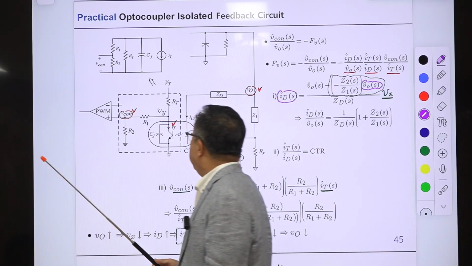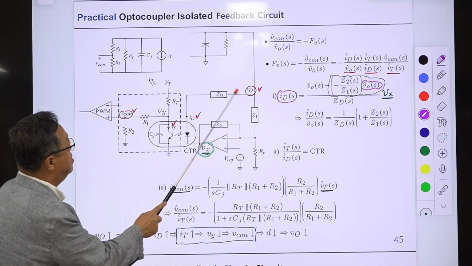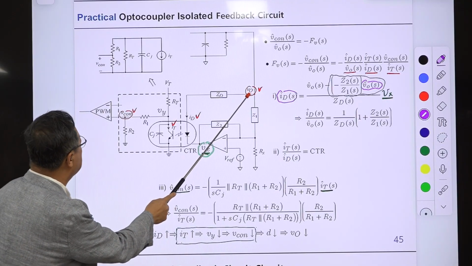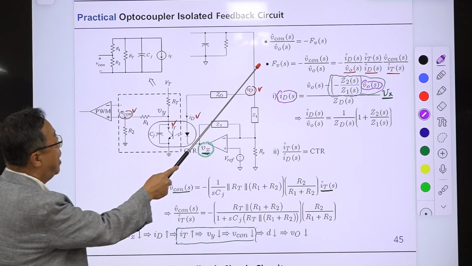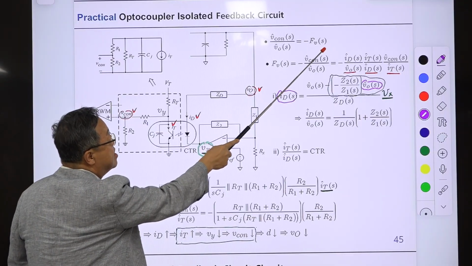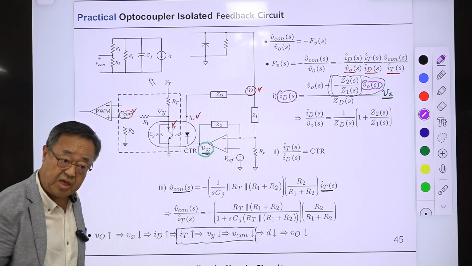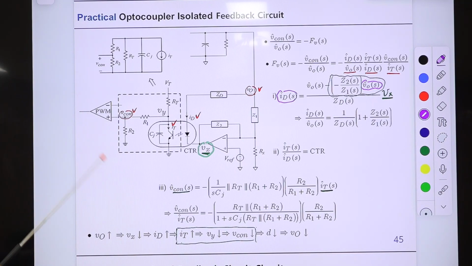Okay, and our objective is to find the transfer function from here to there. It looks complicated, so we divide it. Let's call it FVS, and we have a negative sign in front of this because there is a negative feedback mechanism built in here.